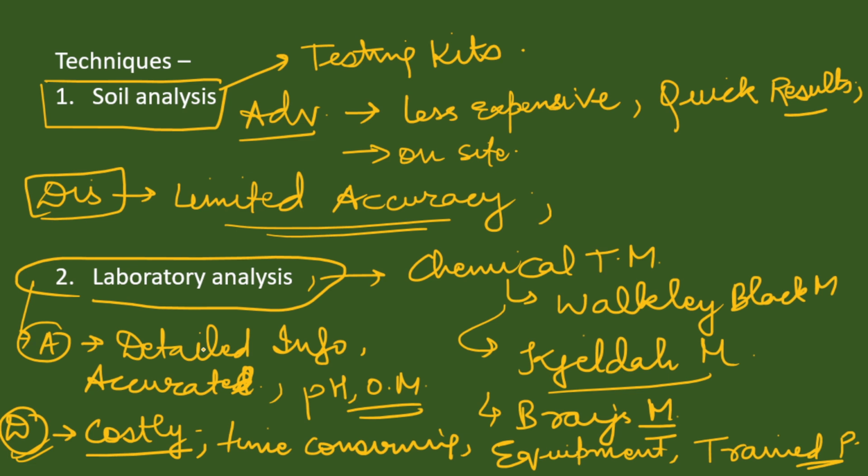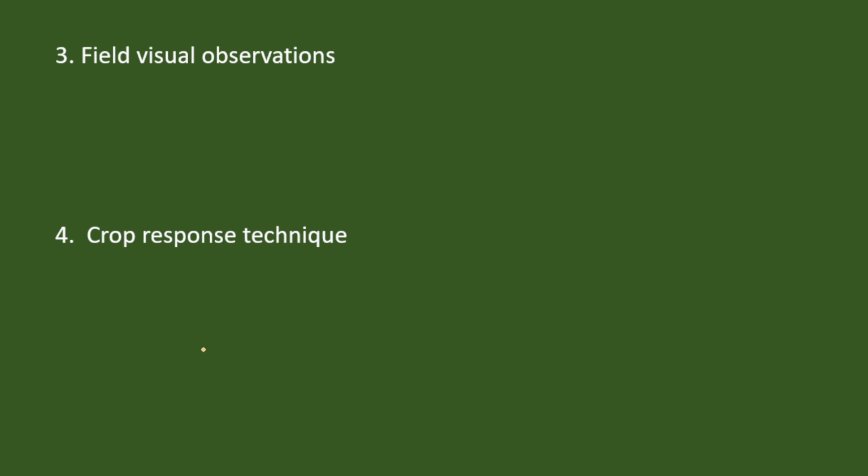Now moving on, we have field visual observations. That is what we can observe in the field. So it can give you information. What are the advantages of field visual observations?